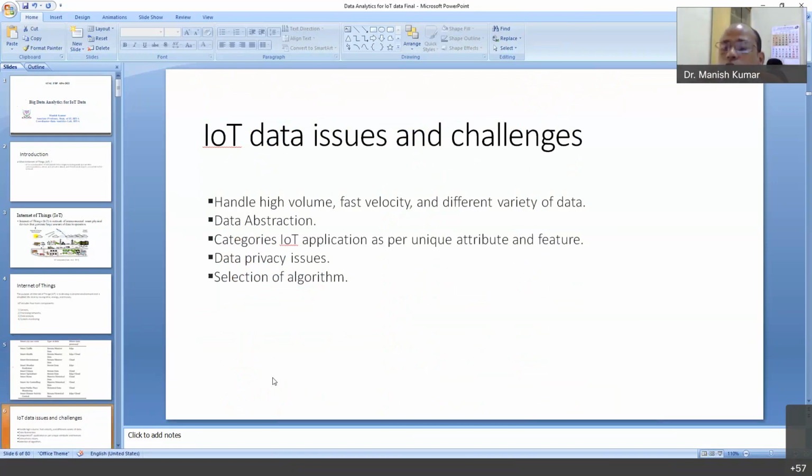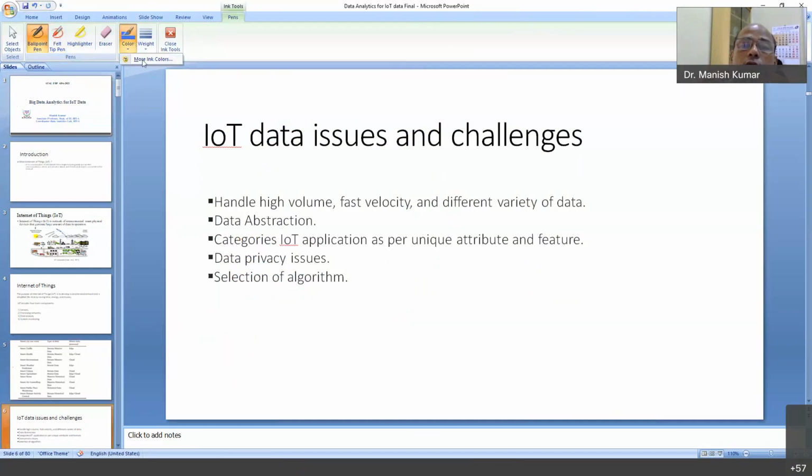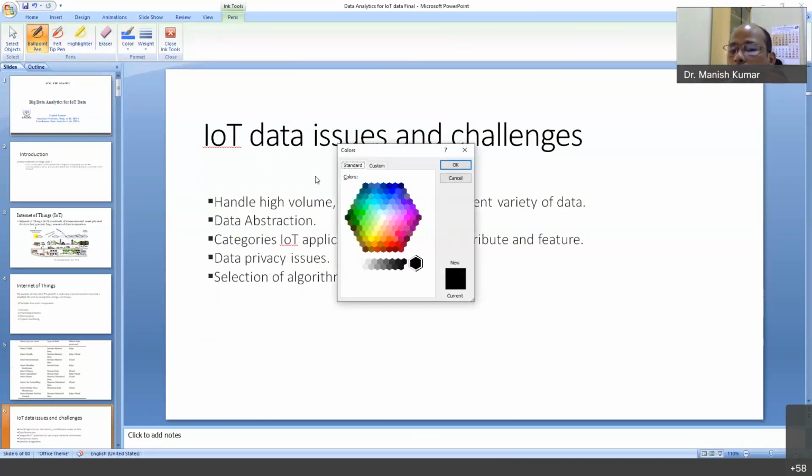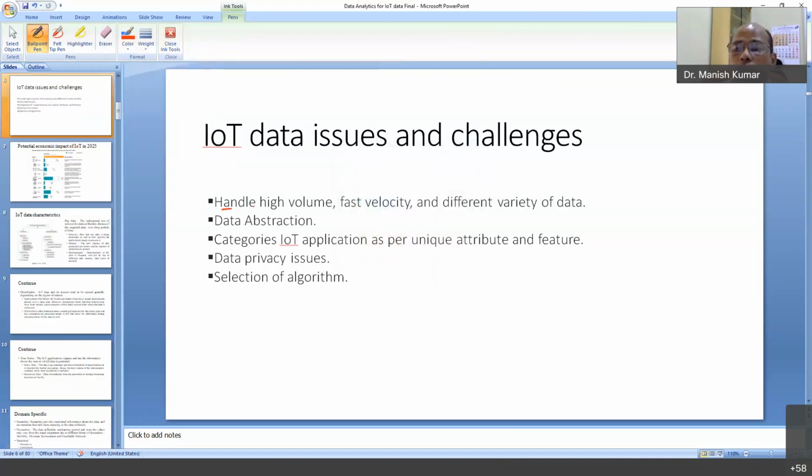What are the issues and challenges we are facing in IoT? We are handling a high volume of data.